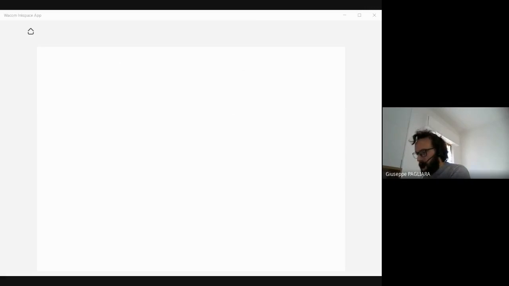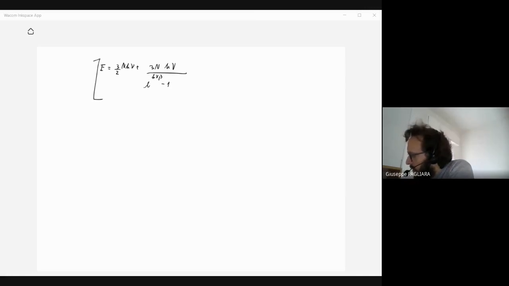Okay. So when you compute E, you should get the following result, which is known, and of course I'm not spending too much time on that because it's something that you already know. And here, e to the h nu beta minus 1. Where this quantity here is called the Planck distribution.